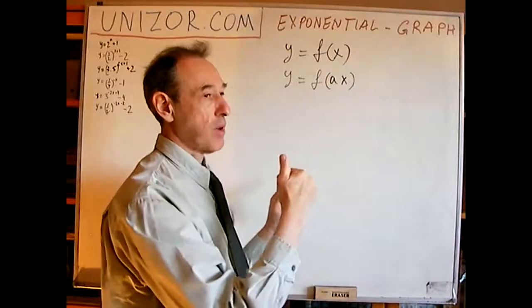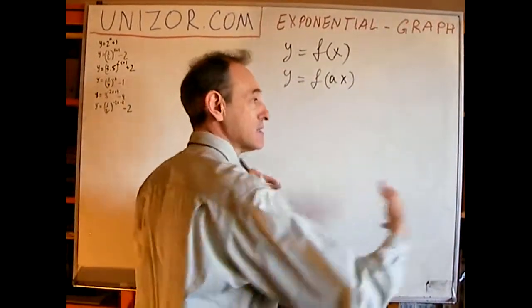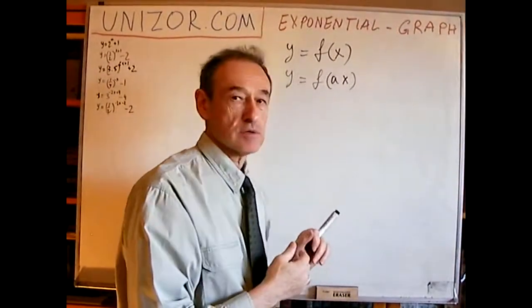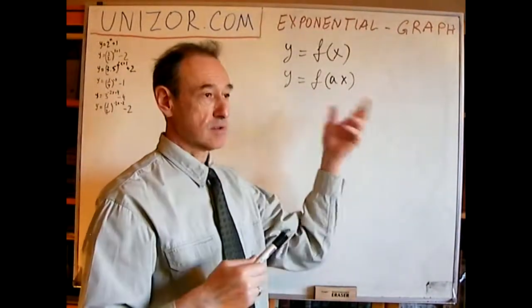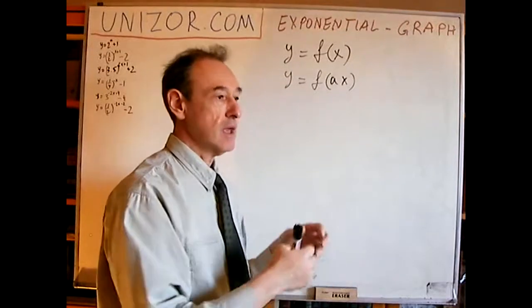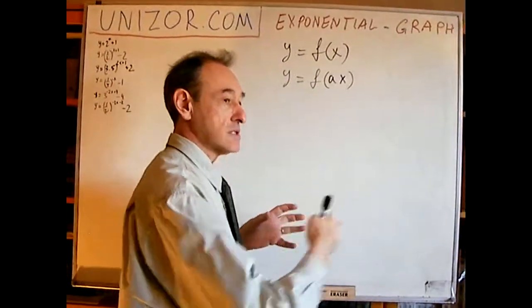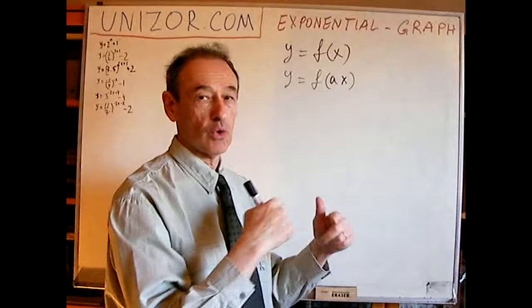If a is positive but less than 1, then it's basically stretching. And the ratio is a. If a is greater than 1, it's squeezed by a. If a is less than 1, it stretches by 1 over a.